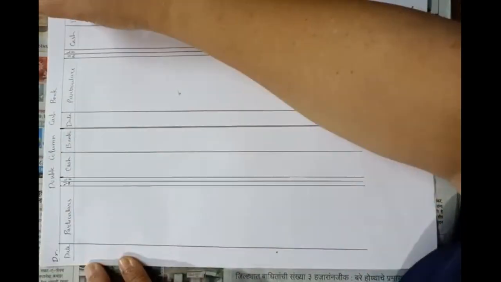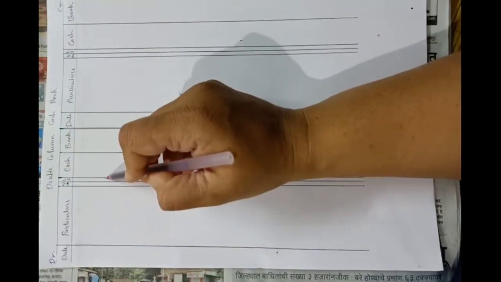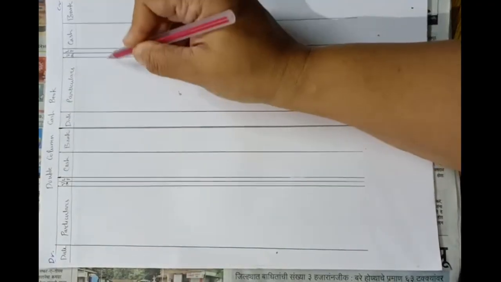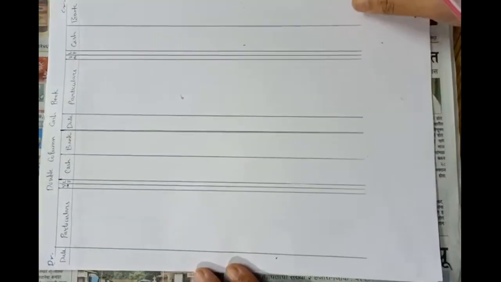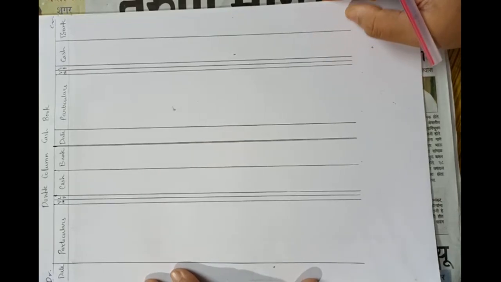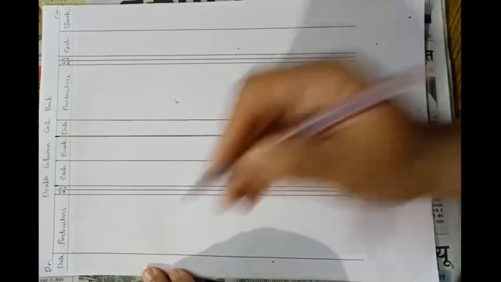Debit and credit side. Debit side: date, particulars, V number, LF, cash column and bank column. Credit side: date, particulars, V number, LF, cash and bank column. Okay, so let's start now. See the problem. In the problem they told us that cash balance is rupees 40,000 and bank overdraft rupees 12,000 on May 1st, 2016.